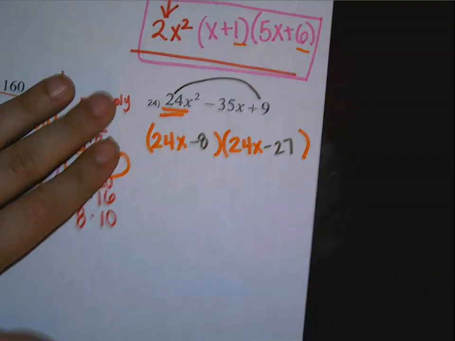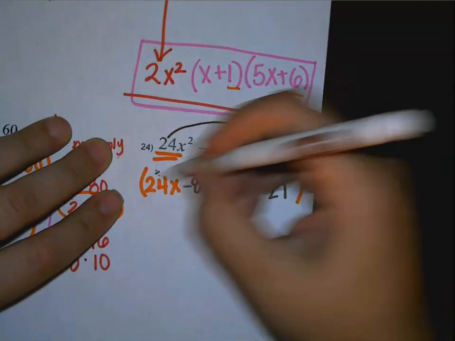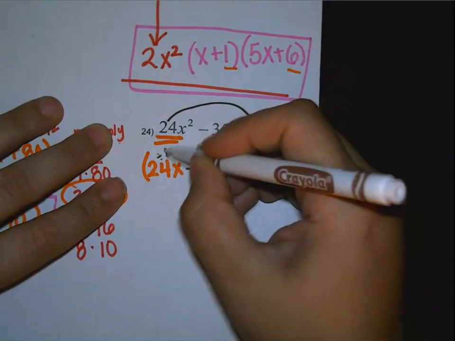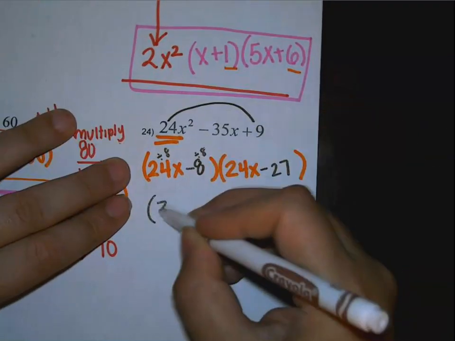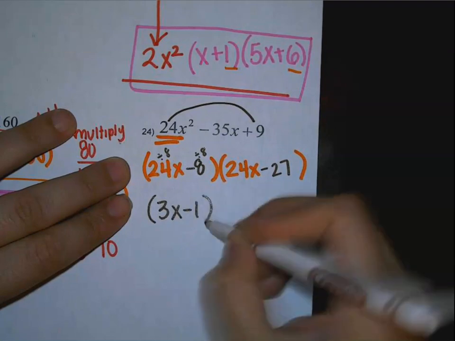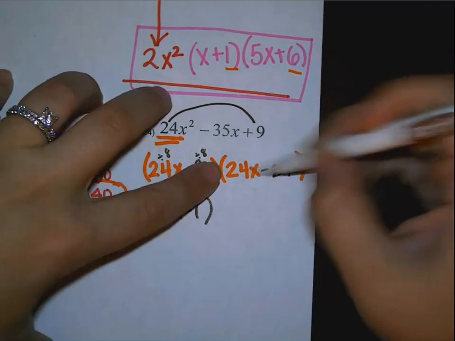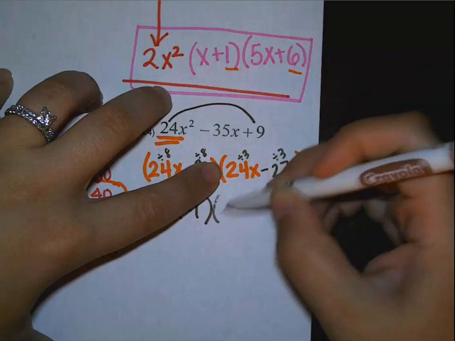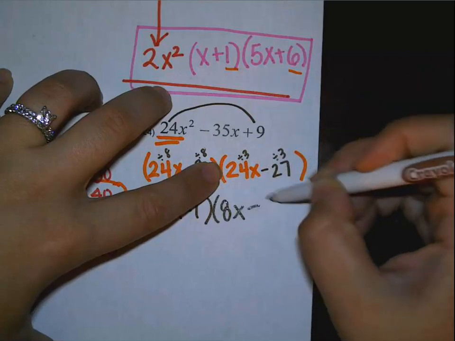And then lastly, you ask yourself, what can divide into both of these two numbers? And 8. So you'd have 3x minus 1 here. And then what can go into both of these is 3. So we'd have 8x minus 9 here.